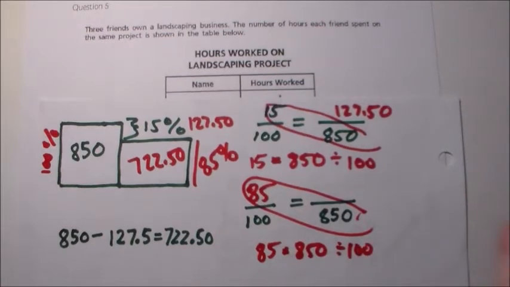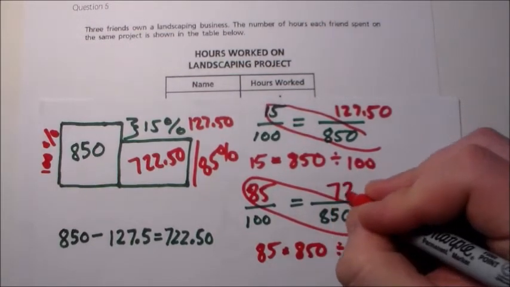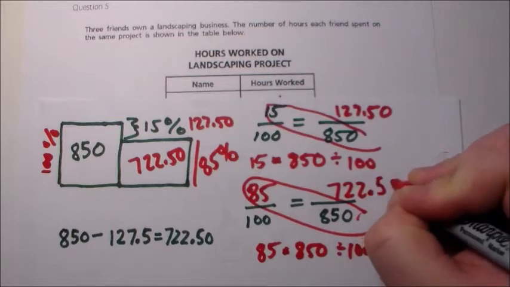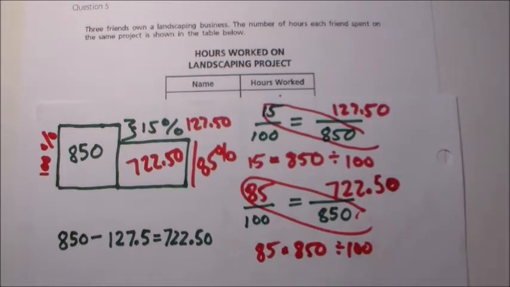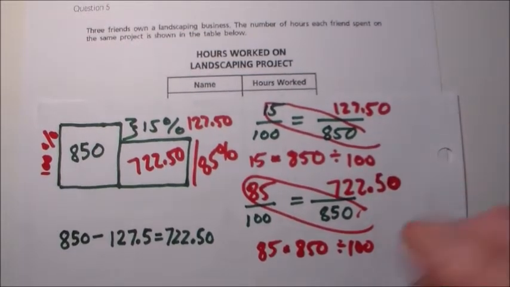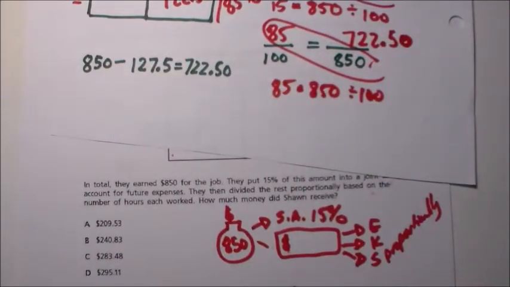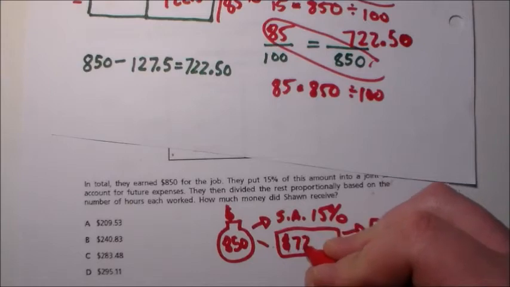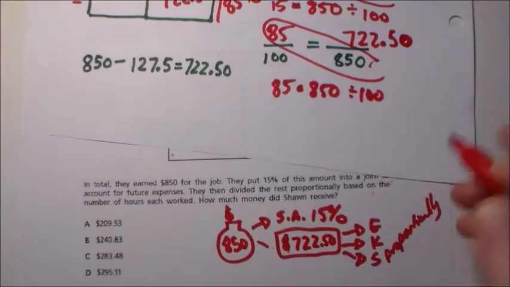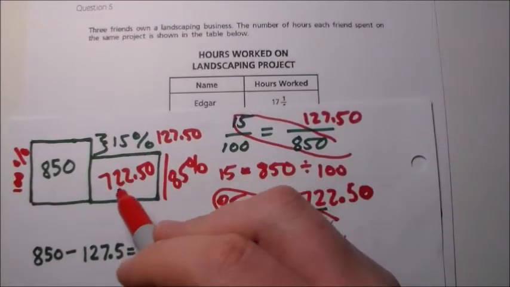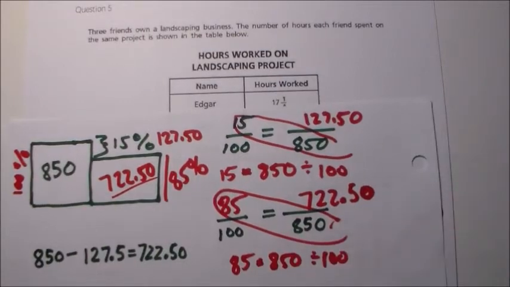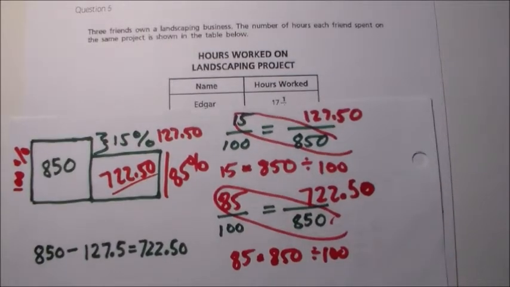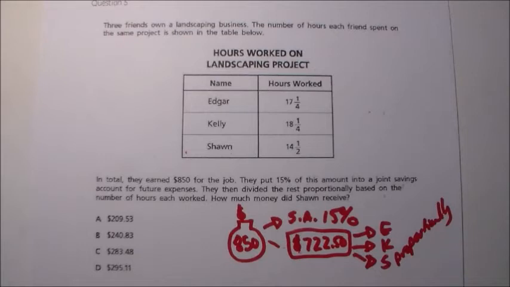And if you do that, you will surprisingly find it is exactly the same, 722.50. Either way you do it, your first step is complete. You have found that this big box of money that they're going to divide up among themselves is $722.50.